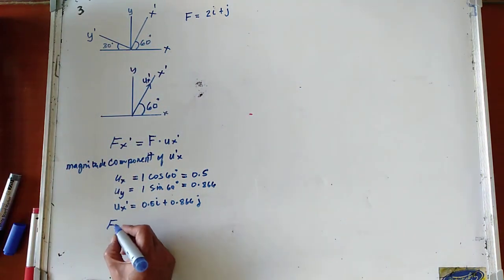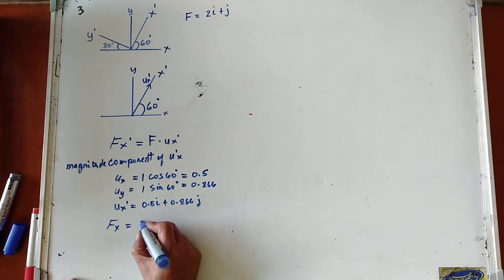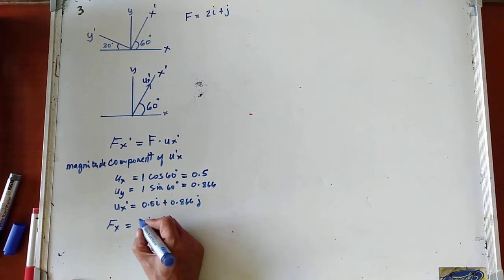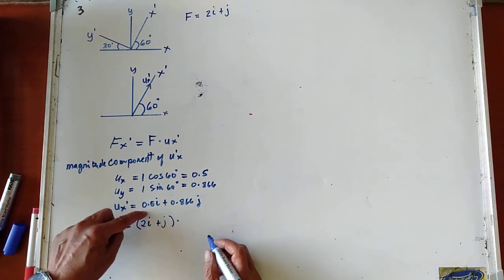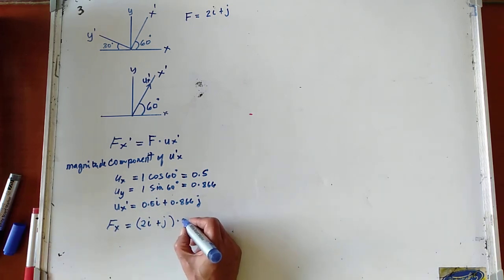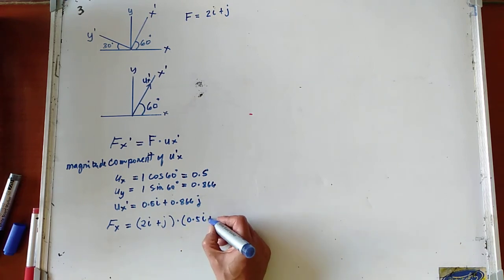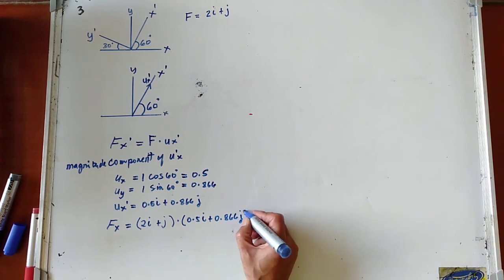So your F x prime is equal to 2i plus j dot 0.5i plus 0.866j.